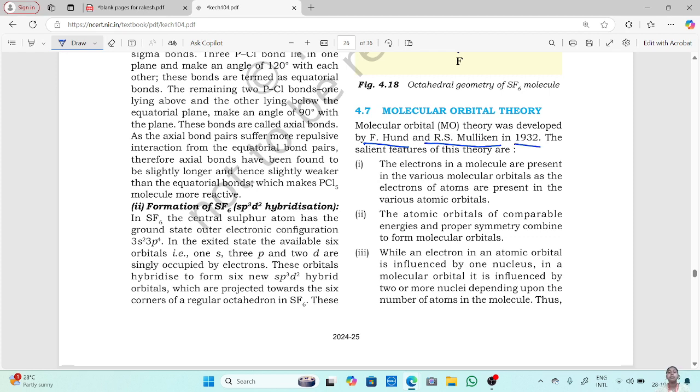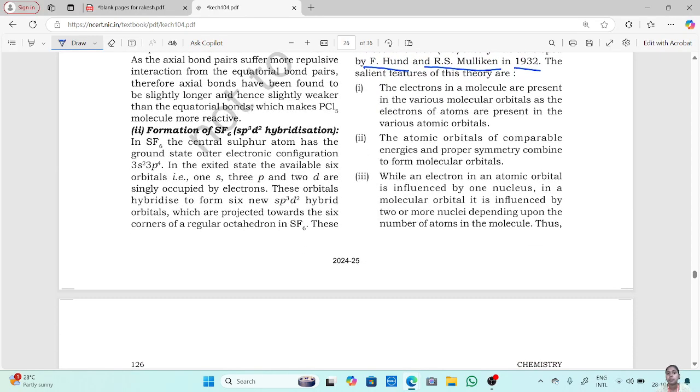Now, what are the features of molecular orbital theory? On what basis does this theory develop? The first point is the electrons in a molecule are present in the various molecular orbitals, as the electrons of atoms are present in the various atomic orbitals.